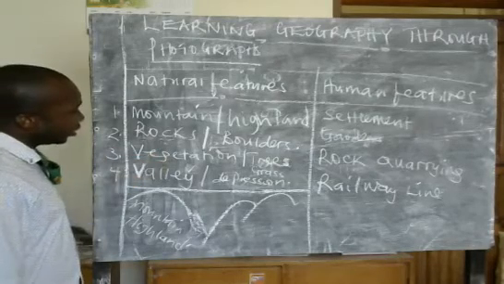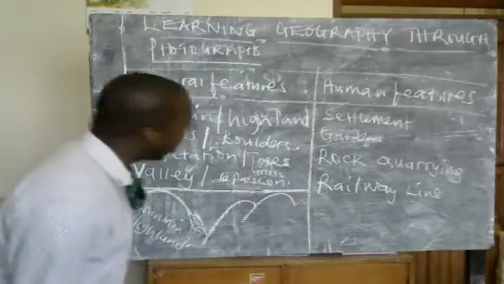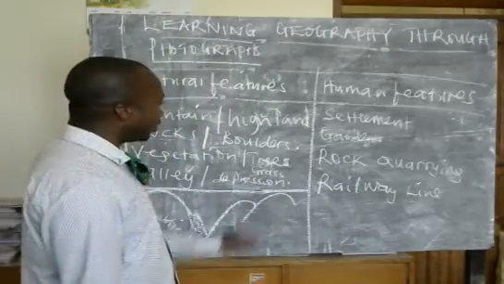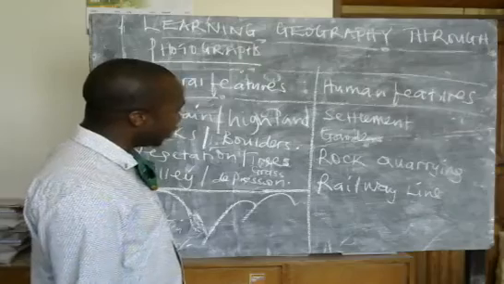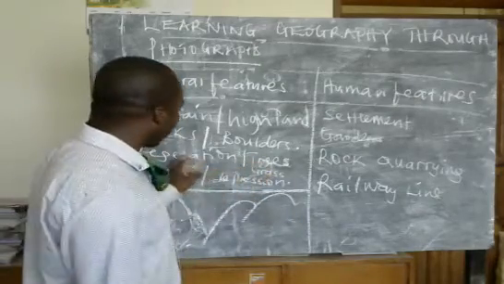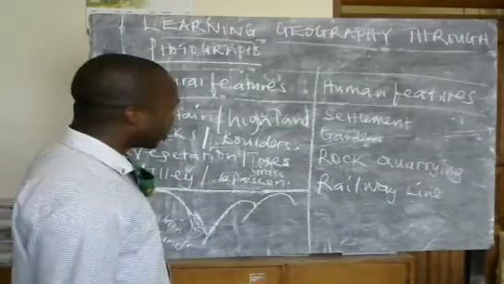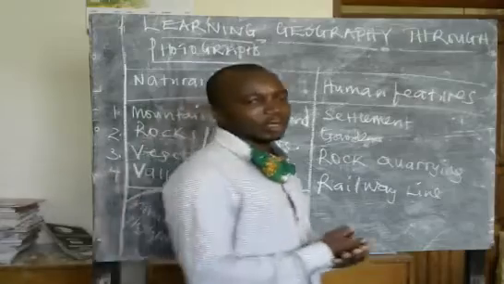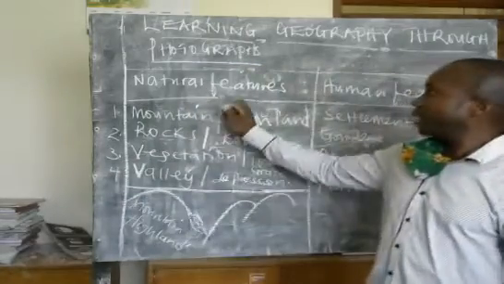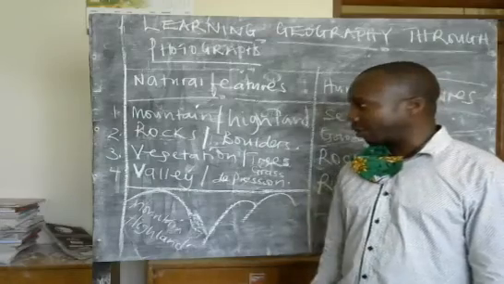So that green color, that total plant cover of the trees and the grass that we have seen in the photograph, that is our vegetation. So those happen to be our four natural features that we have seen from the photograph.